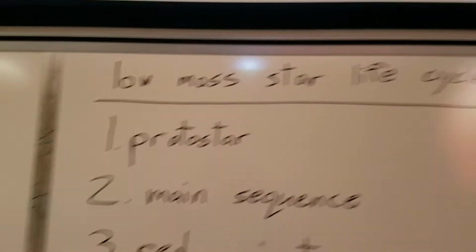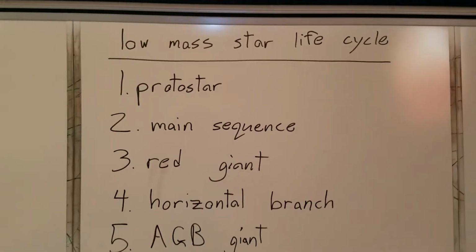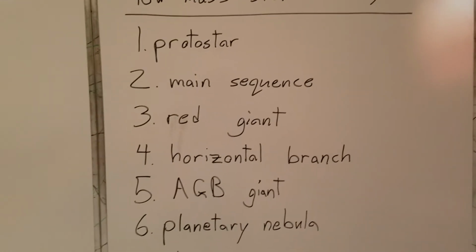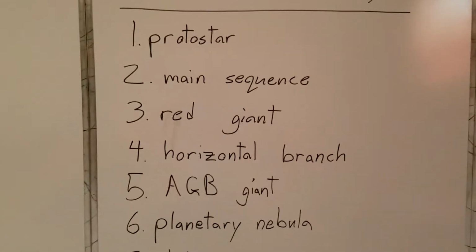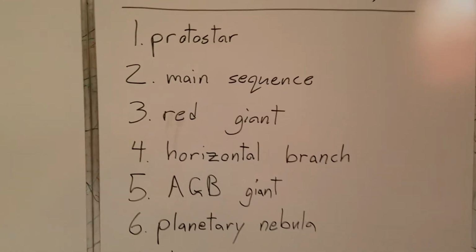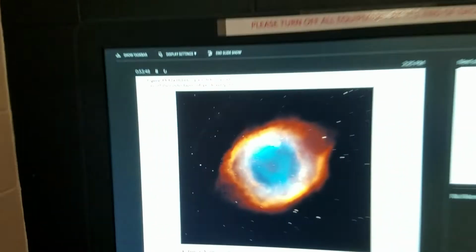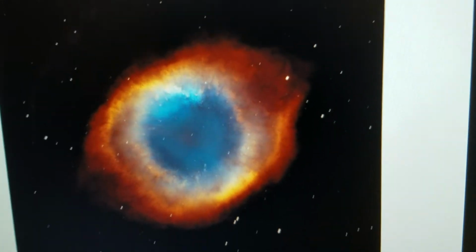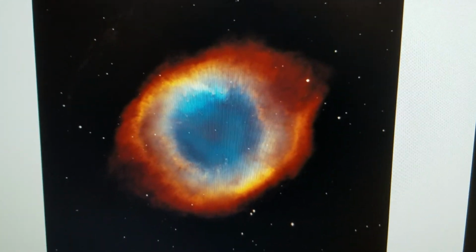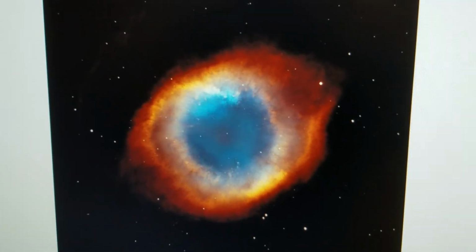So the stage after the AGB Giant stage in a low-mass star's life cycle is the Planetary Nebula stage. Now this name is just absolutely terrible. A planetary nebula has nothing to do with planets at all. So this type of nebula was named before we knew what they were exactly, so it has an out-of-date name. Don't be confused, it has nothing to do with planets.